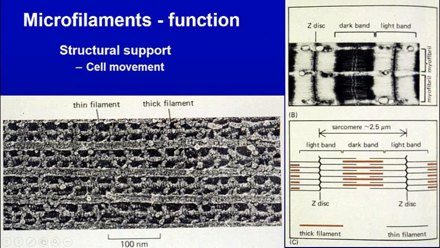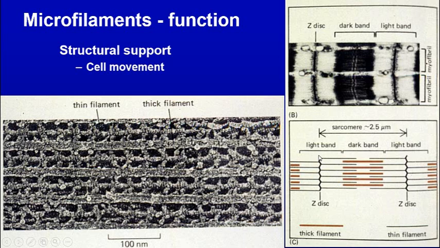And then here we see thick and thin filament. The thick filament is the myosin, and the actin is the thin filament. And how they are aligned, here we see the actin is attached to the Z lines, and then the myosin stays put.